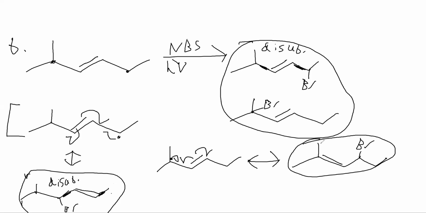And then the last one I drew has 1, 2, 3 substituents, so it's tri-substituted. Because this alkene has the most substituents, it's the most stable alkene. So that is the major product because of the alkene stability. Again, alkene stability trends are what's important here, more so than the radicals.